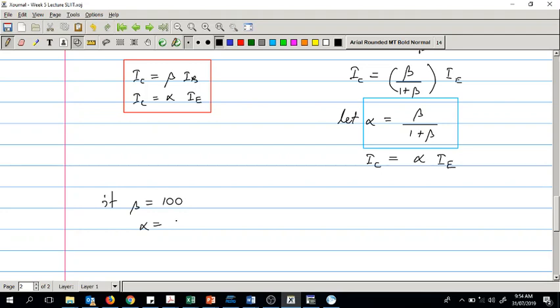Do the calculation and see. 0.99. If beta equals 50, how much? 0.98.